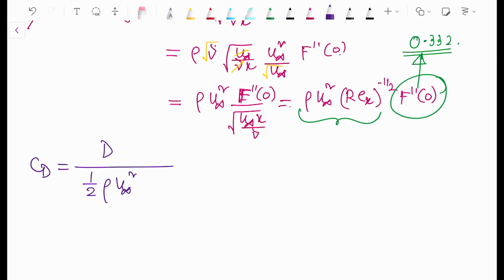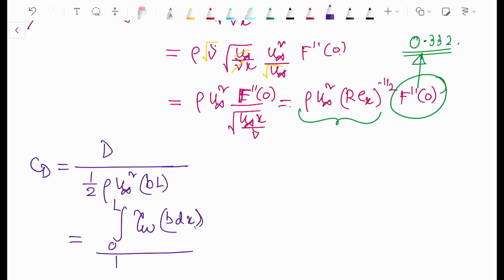Maybe the width of the plate is b and the length is l. So this D will be tau wall into the integral of b dx from 0 to l, and this will be over half rho u infinity square bl.